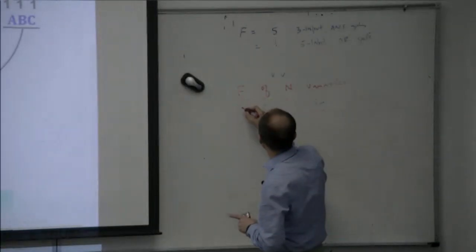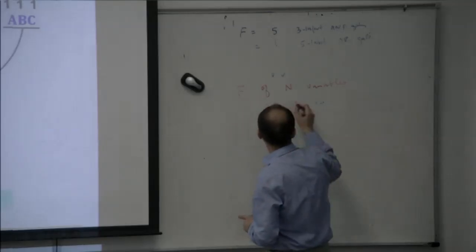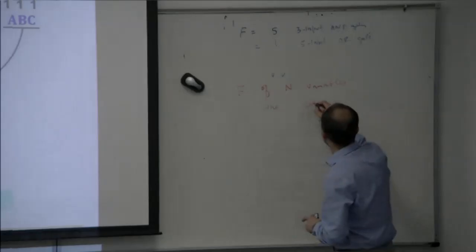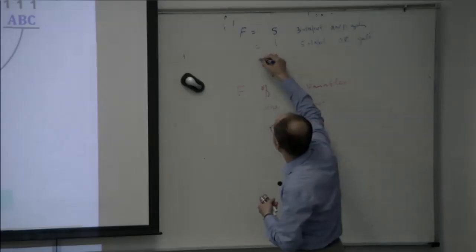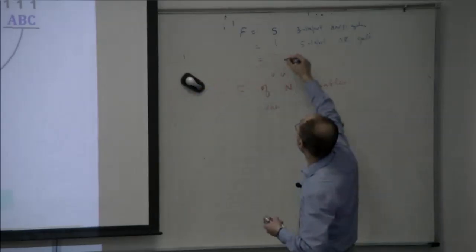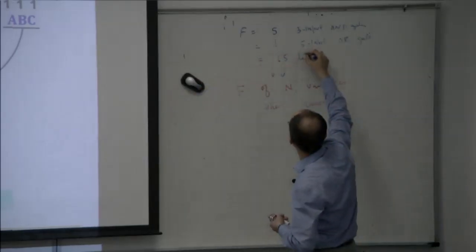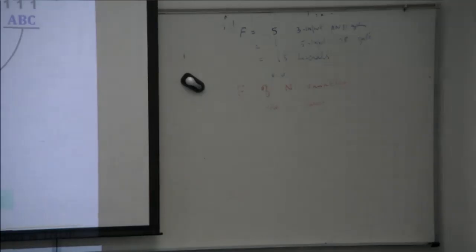N variables. How many literals are there for this example? 15 literals: 1 2 3 4 5 6 7 8 9 10 11 12 13 14 15.